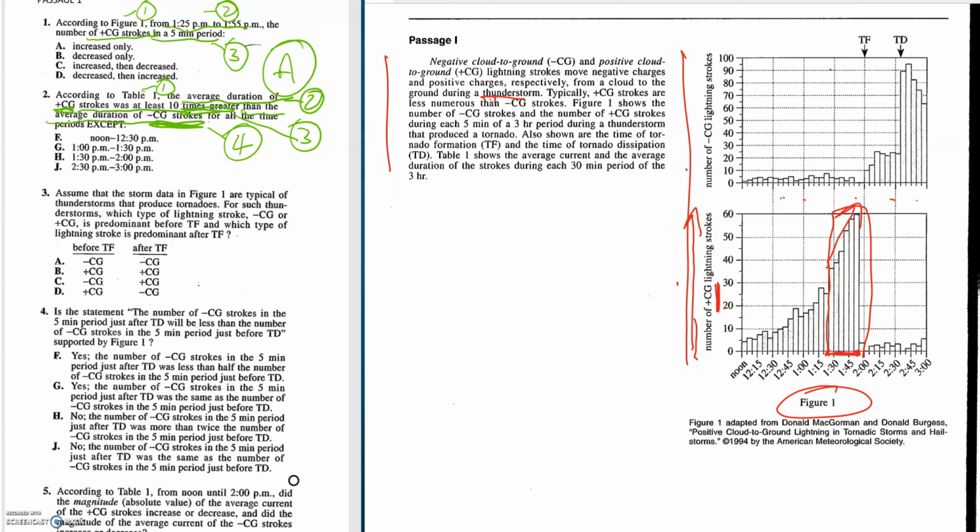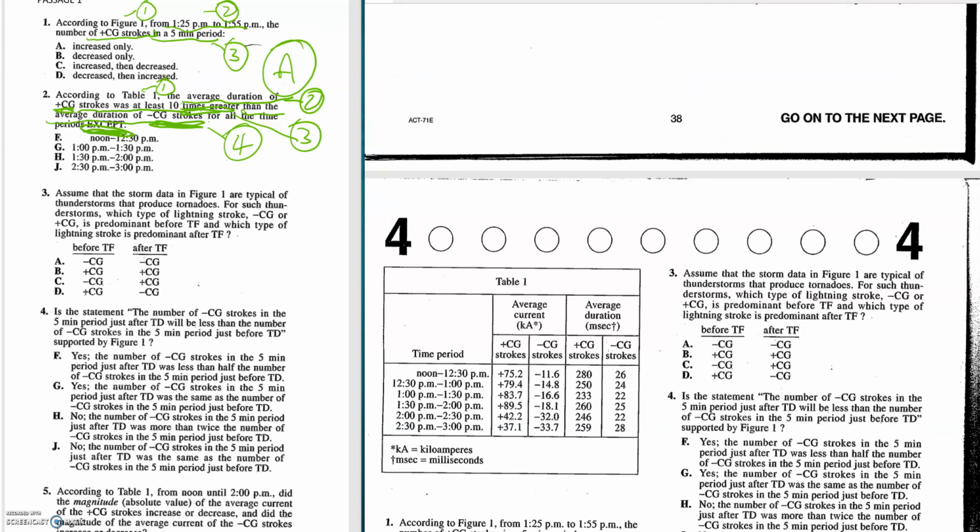So there's 4 steps for all the time periods except. So it's going to be true, and then we're going to find the one where it's not true. So they like to put in that little except. So we're going to find what one was it not true for.